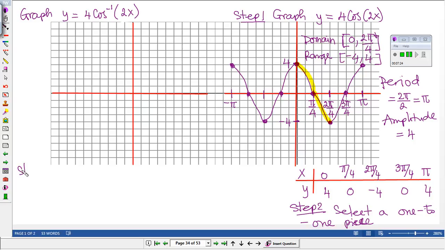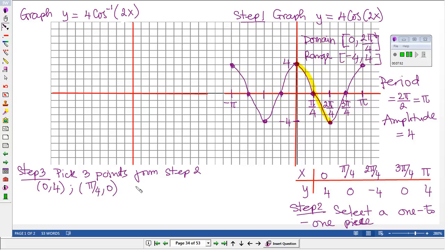So now we move on to step number 3. Step 3, we pick 3 points from step 2. The first point will be the point 0, 4. The second point will be pi over 4, comma 0. And the third point will be 2 pi over 4, comma negative 4.